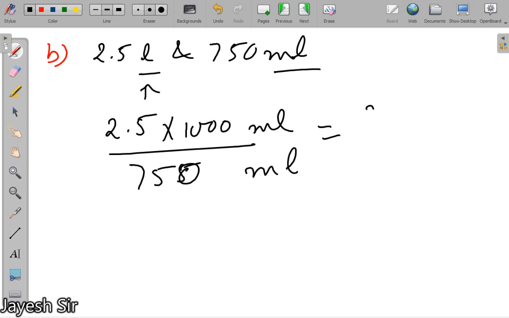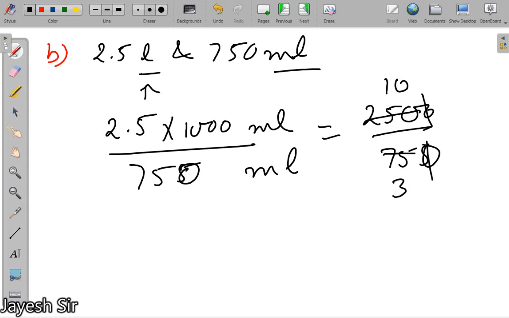Okay, so this will be 2500 upon 750. You simplify it: 25 ones are 25, 25 threes are 75, and that is 10:3.